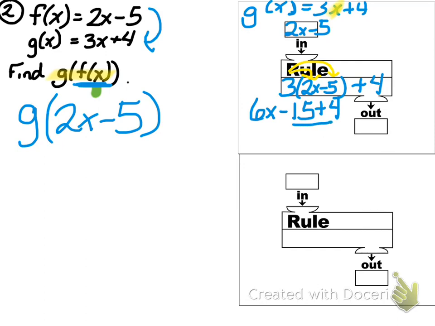Combining our last two numbers, be careful here. We have to take the sign in front of the 15. The 15 is minus, so that counts as a subtraction. Negative 15 plus 4 is negative 11. So our answer is 6x minus 11. That's your output.